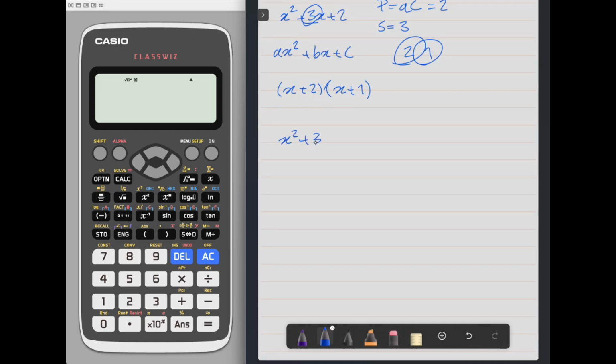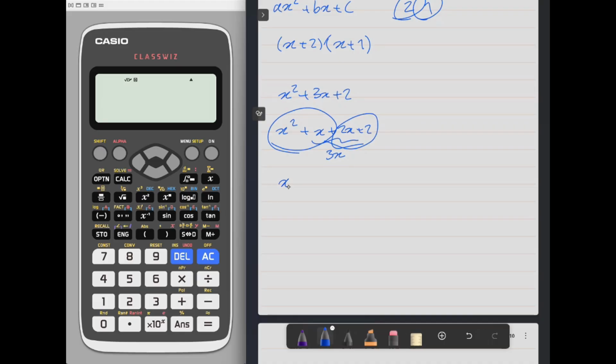Look at this. X squared plus 3x plus 2 can be written in the form x squared plus x plus 2x plus 2. This is simply our 3x, right? And we can factorize these first two terms and these last two terms, which are gonna be x times x plus 1 plus 2 times x plus 1.